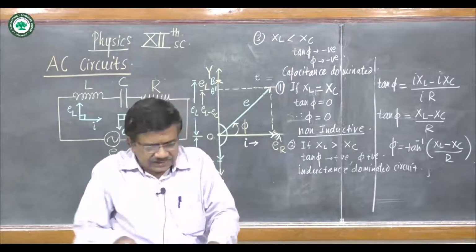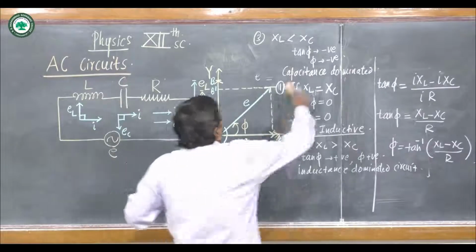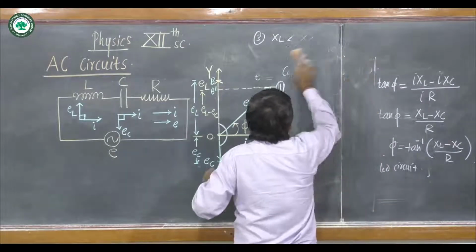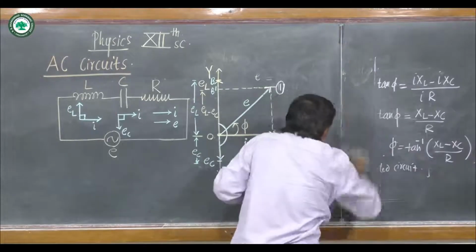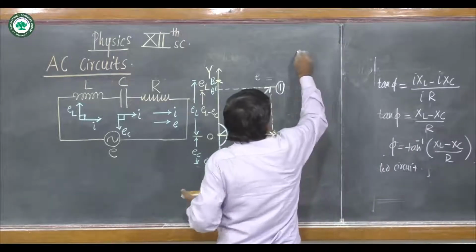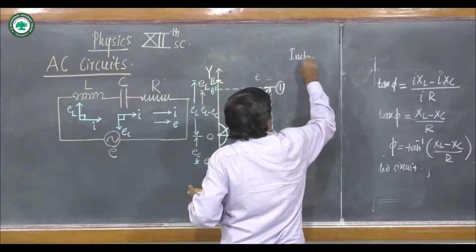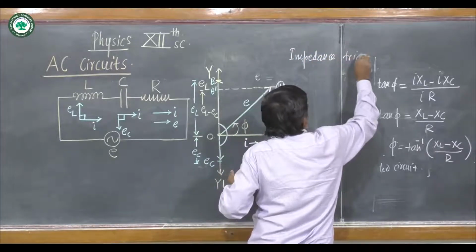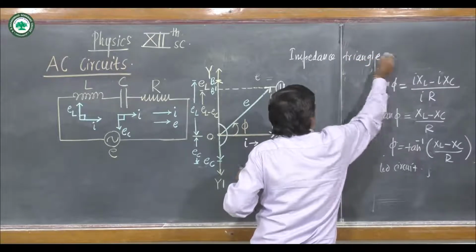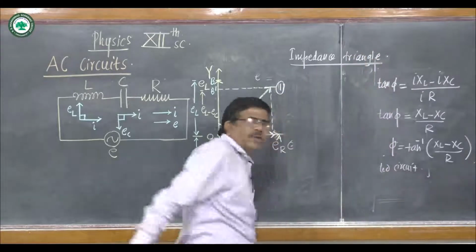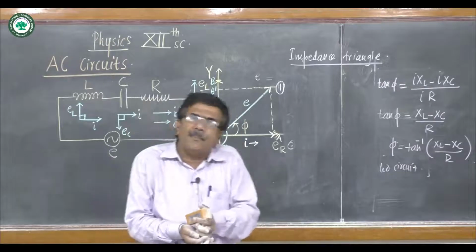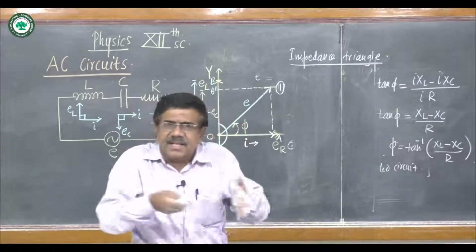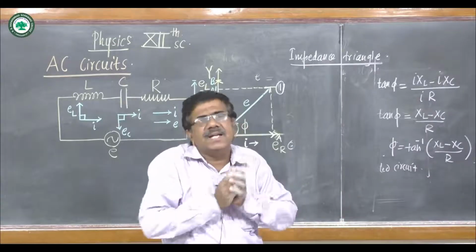Now in the next part we consider the impedance triangle. What is the impedance triangle? We know impedance is the effective opposition by inductor, capacitor and resistor to the flow of alternating current through it.